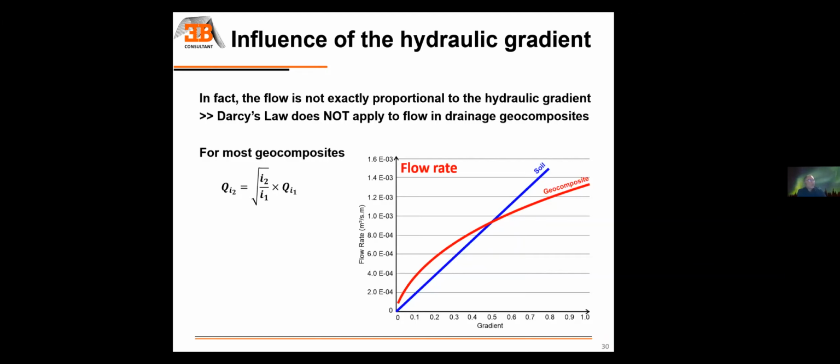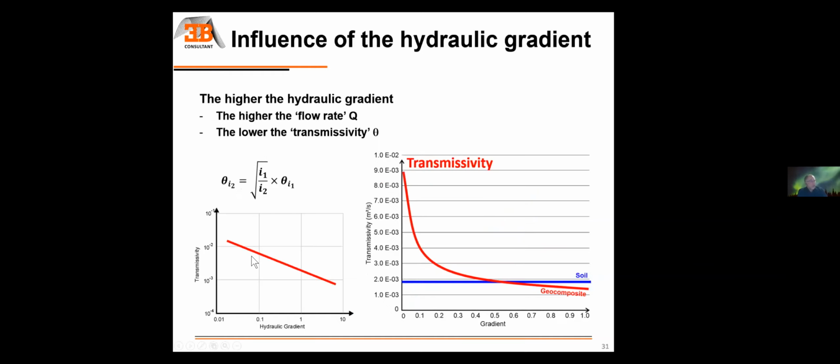The blue line here shows the relation between hydraulic gradient and flow rate for a soil, and the red line shows what we observe for geocomposites. When we convert to transmissivity, the relation is even worse. The problem is that we can have 1 order of magnitude of difference depending on the gradient.